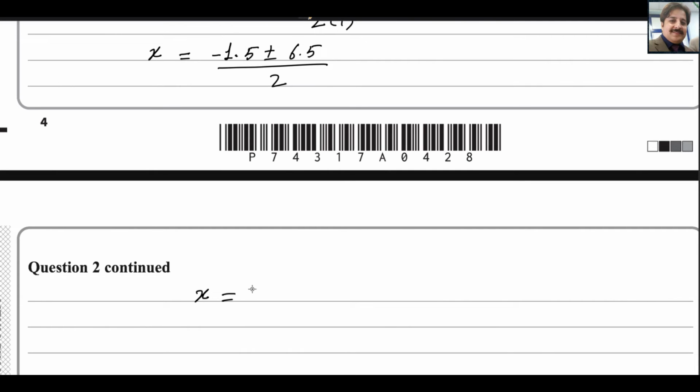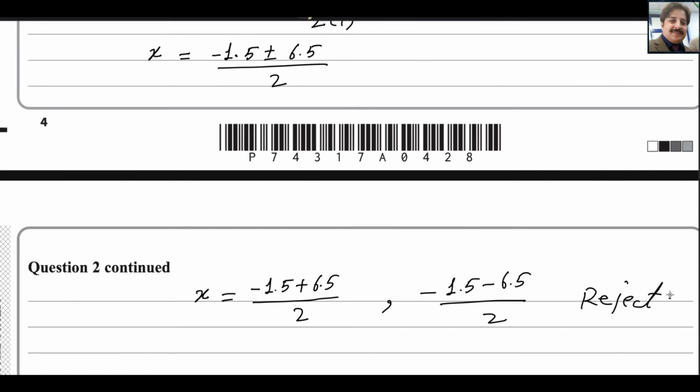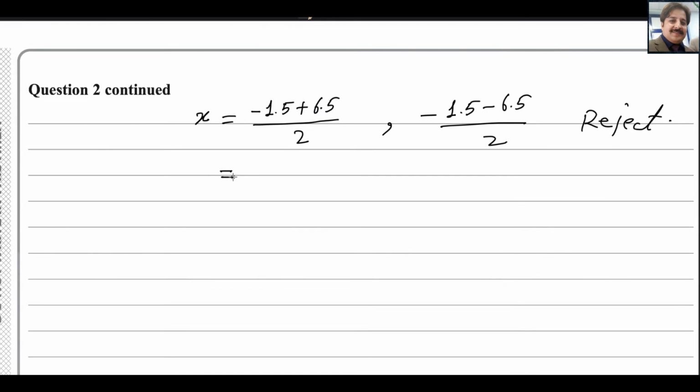One will be negative and the other positive. Let's solve for the positive value first. The other answer, minus 1.5 minus 6.5 divided by 2, we will reject, because mass cannot be negative. For the positive, 6.5 minus 1.5 is 5, divided by 2 equals 2.5. So x is 2.5, that's it.